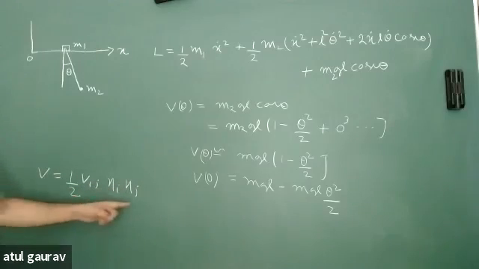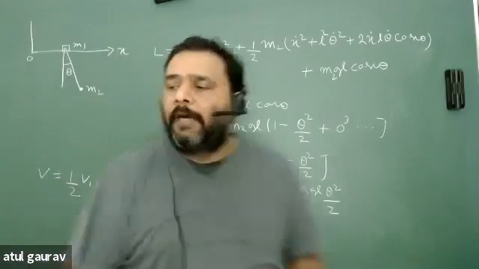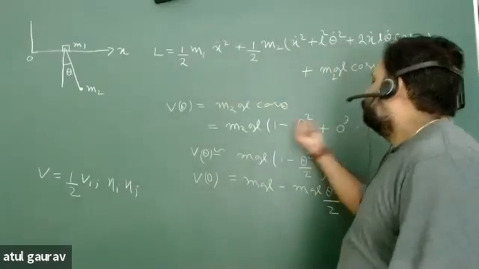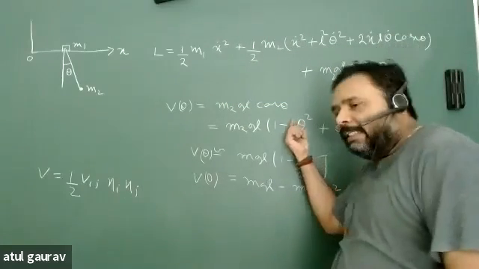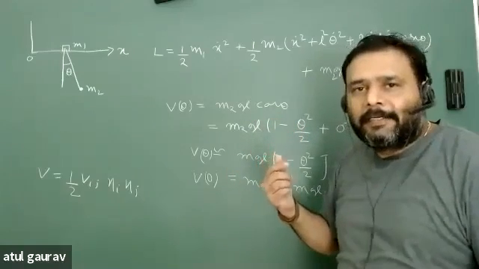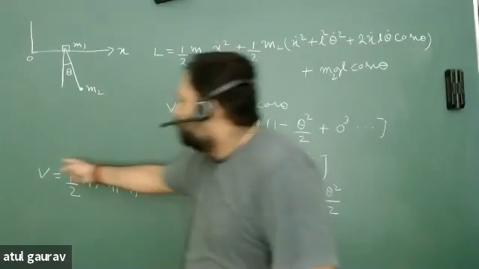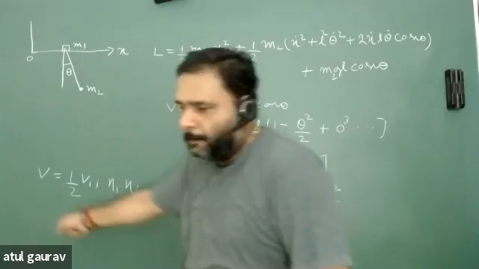This eta i eta j is very interesting. Somebody can ask me, sir, why didn't you take this one also smaller? Even theta square will be very small. I can take it, but this is meaningless because I cannot write my potential in this form.